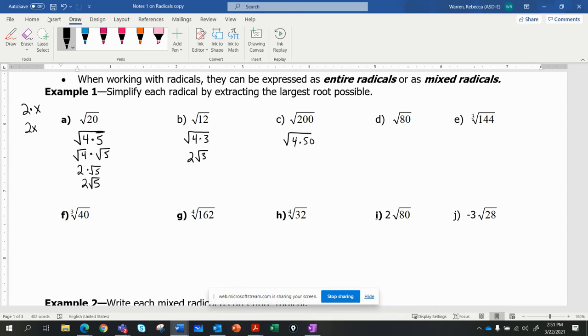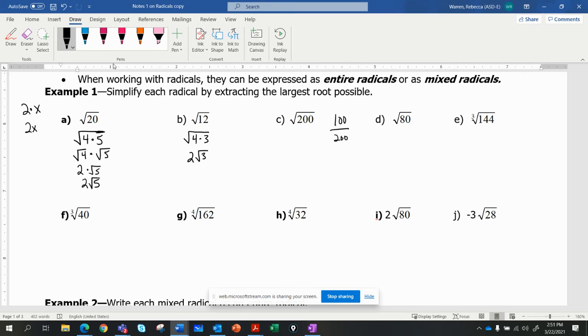So what you want to do is not only be looking for perfect squares, but you want to find the biggest factor that is also a perfect square. Just like if you had a fraction that was, say, 100 over 200. You could definitely divide that by 2. You could continue to divide that by 2 until you got to 1 over 2.